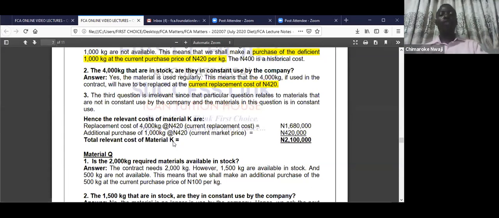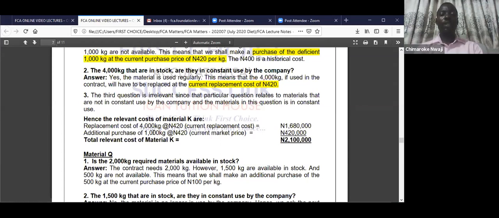At 420 naira, that 420 naira is called replacement cost. Now, the additional purchase of 1,000 kg at 420, this 420 is called the current market price.